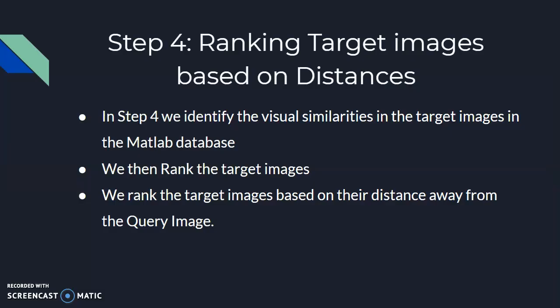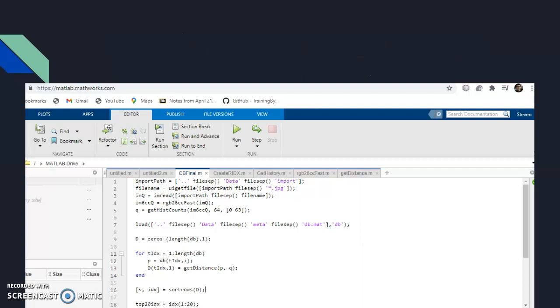Alright, in step 4, we have ranking target images based on distances. In step 4, we identify the visual similarities in the target images in the MATLAB database. We then rank the target images based on their distance away from the original image, or the query image.